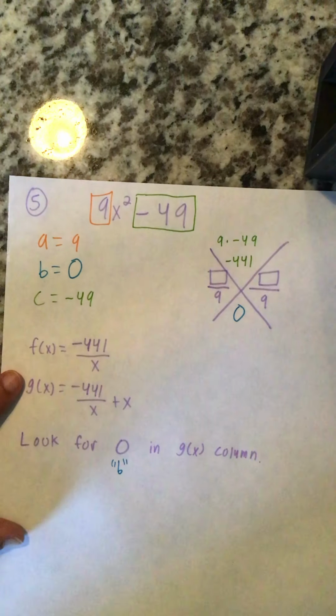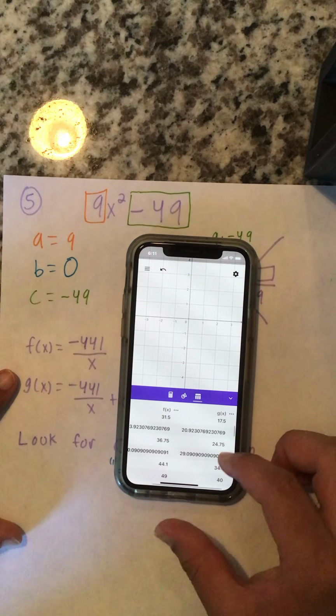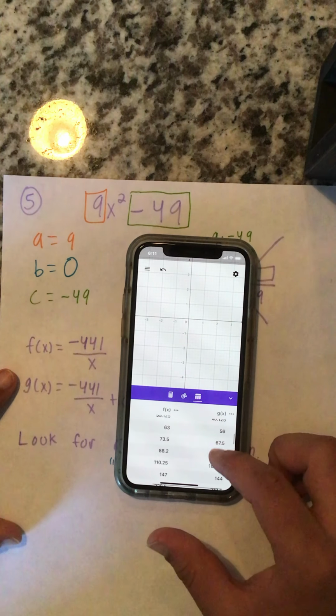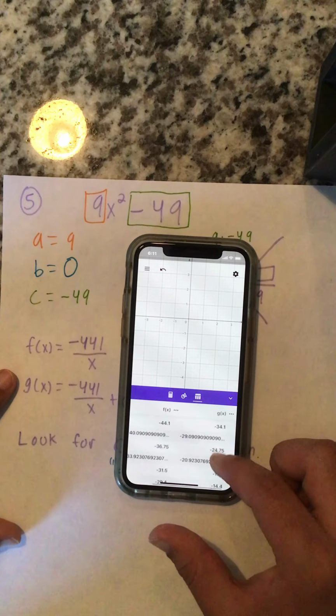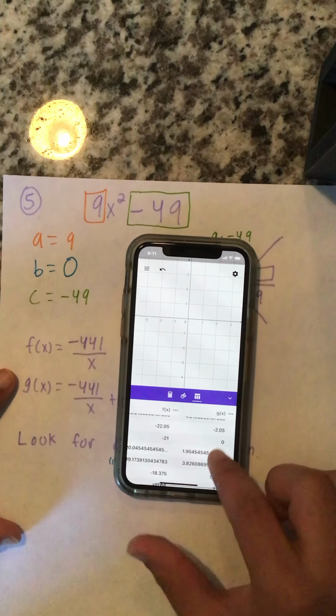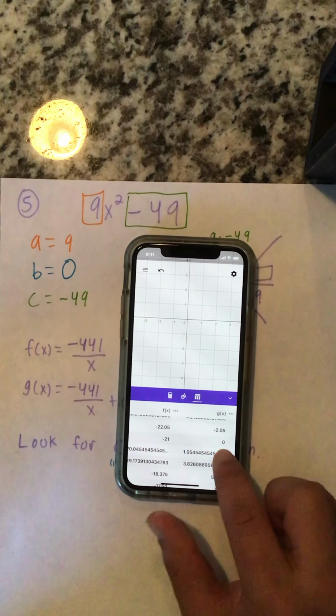So in my g of x column, let's scroll down. I'm looking for 0. Haven't found it. And, oh, there it is. See, this one we had to scroll down a little bit more. That might happen. You might have to scroll down more. It just happens. So I have a 0 there.